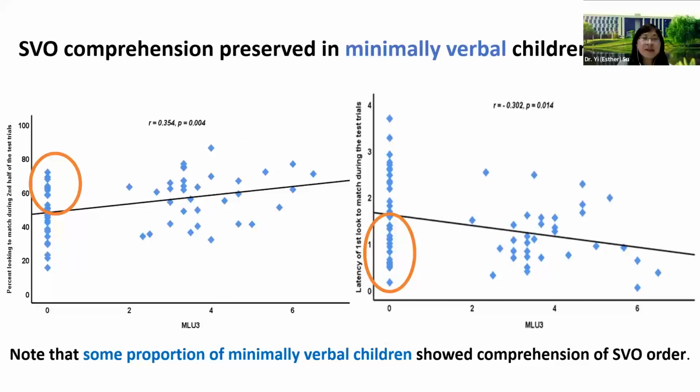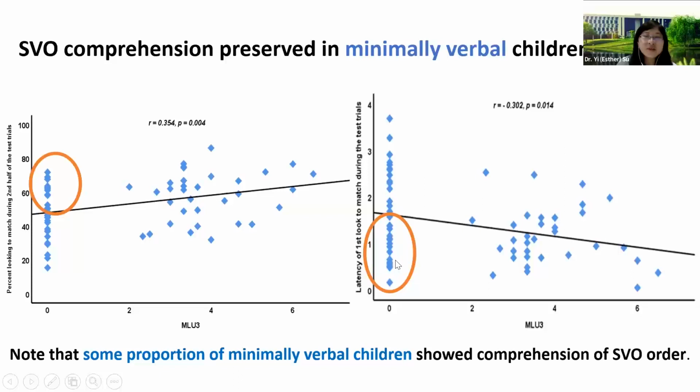We can see that some children, even though they have MLU scores at floor, actually with score zero, can still show their comprehension. They have a percentage looking of more than 50% at the matching side.